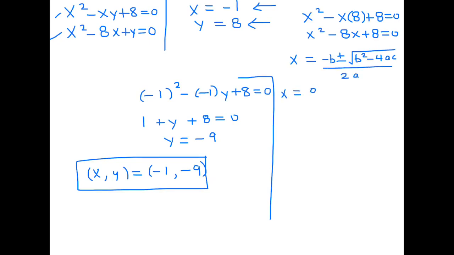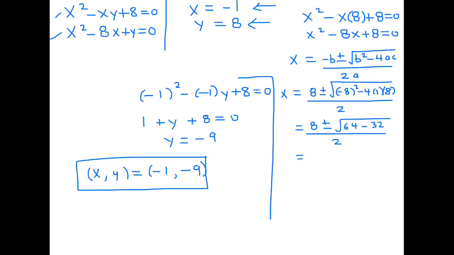So x in this case would be 8 plus or minus the square root of minus 8 squared minus 4 times 1 times 8, like that, all over 2. So this looks like 8 plus or minus 64 minus 32, all over 2.